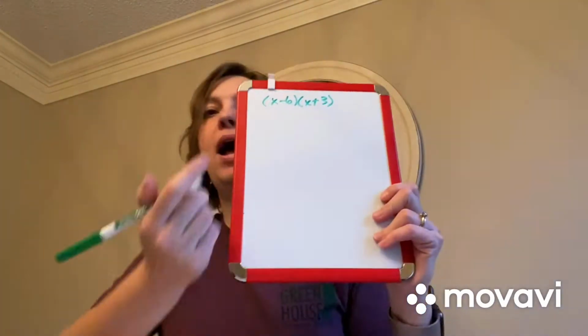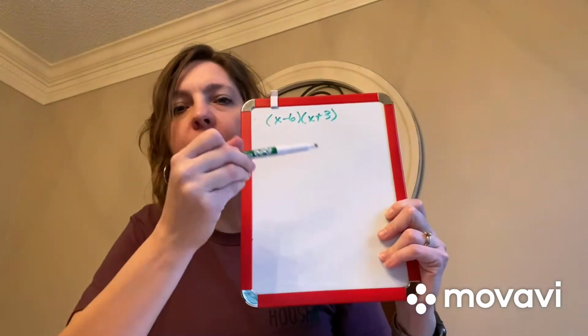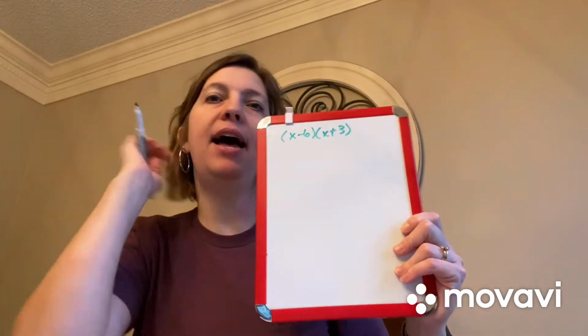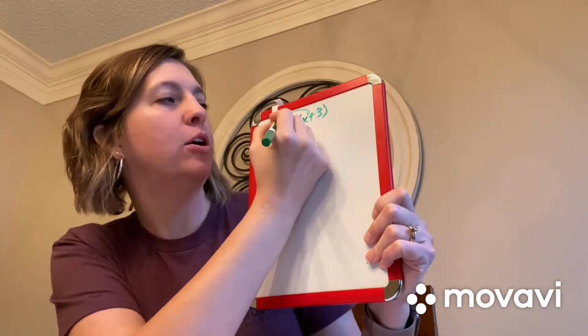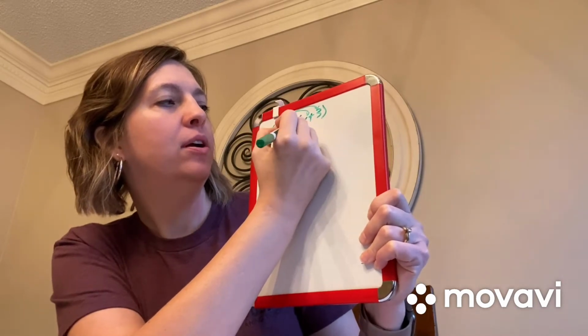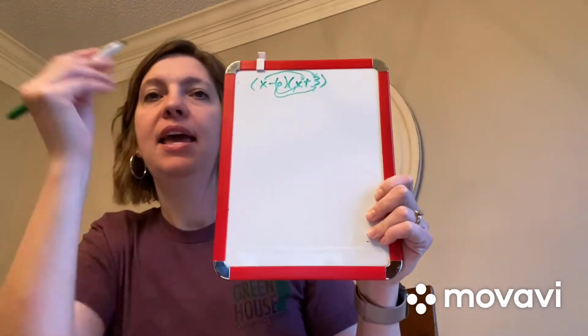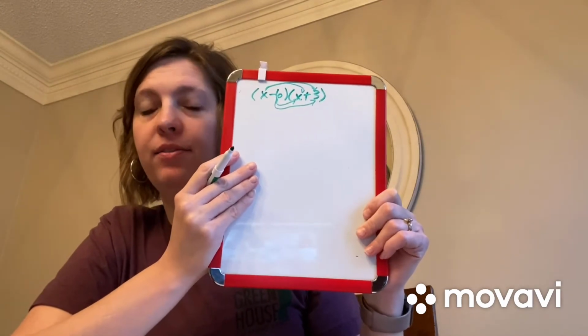We tend to write it horizontally. Your book is showing you vertically how to write that. Now, you all understand that what I did is I distributed the x to both parts, first, outer, inner, and last. And that's how I did binomial multiplication. We called that foiling, right?